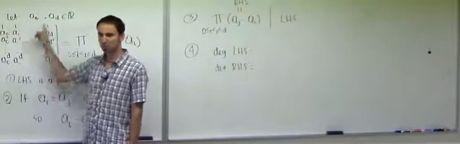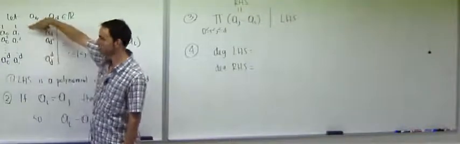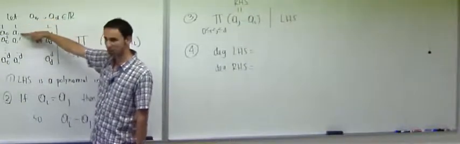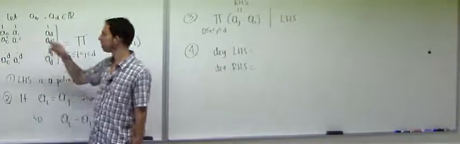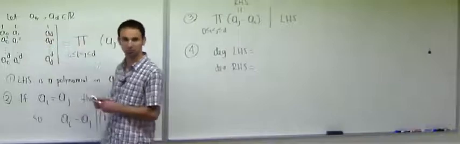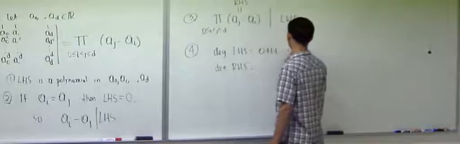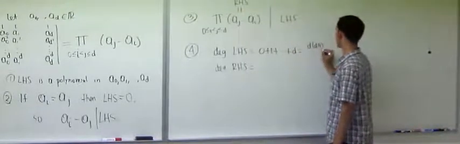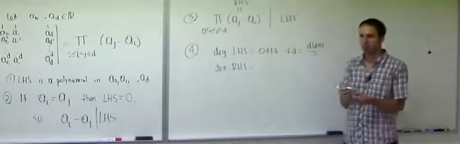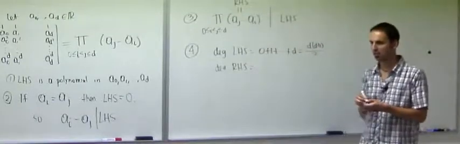No matter what permutation you choose here, you're going to choose something in the first row that has degree 0, something in the second row has degree 1, and so on. And so each one of those terms has degree 0 plus 1 plus 2 up to d. So 0 plus 1 up to d. And how much is this? This is d times d plus 1 over 2. What about the right-hand side? What's the degree of the right-hand side?